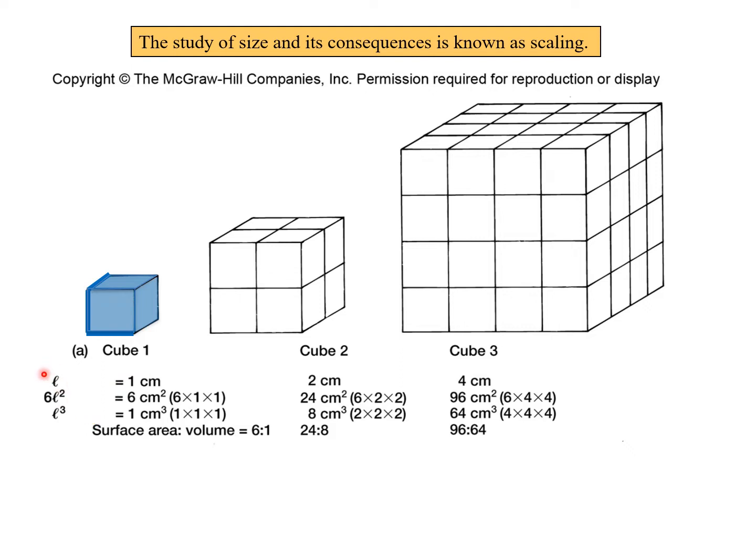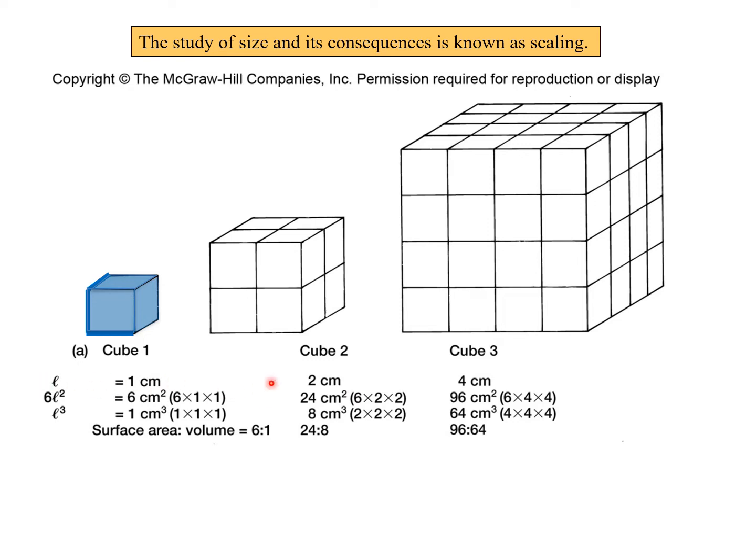So the length is a function of the length to the first power. The surface area is a function of the length raised to the second power, and the volume is a function of the length to the third power. If we double the length, as shown on cube 2, now the surface area is the width multiplied by the height multiplied by 6 for the 6 faces, 24 centimeters squared.